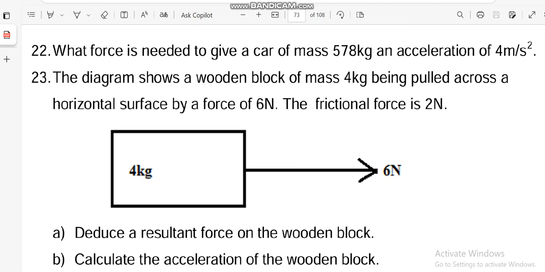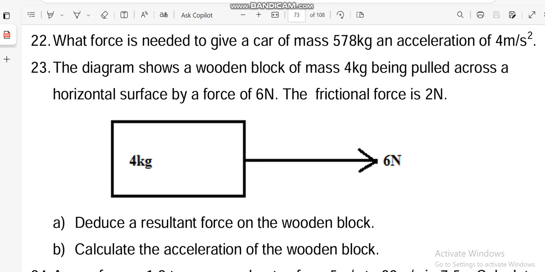So today we're going to look at question number 22 and question number 23. The first question says, what force is needed to give a car of mass 578 kg an acceleration of 4 meters per square second? You need to know the formula for this. A force, by definition, is a push or a pull.